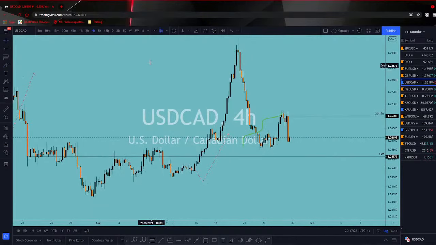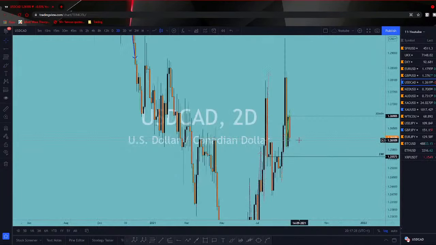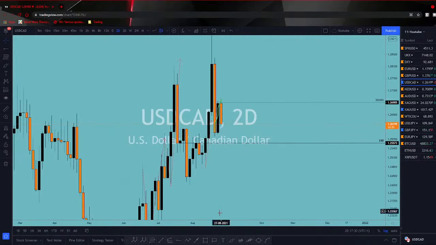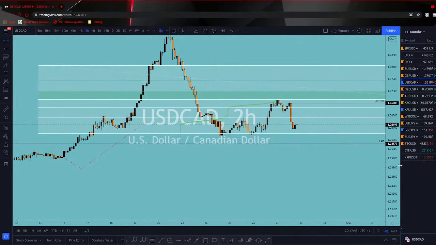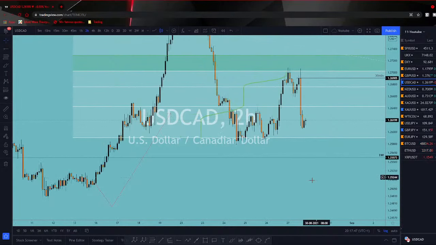If you take the 2-day candle and place a retracement on it, and you go lower time frame during the week, you look for an end of a correction.